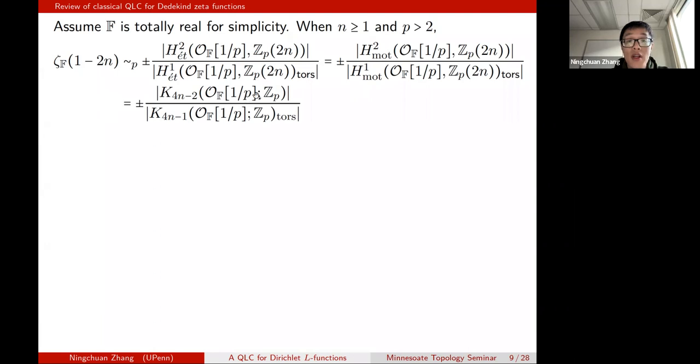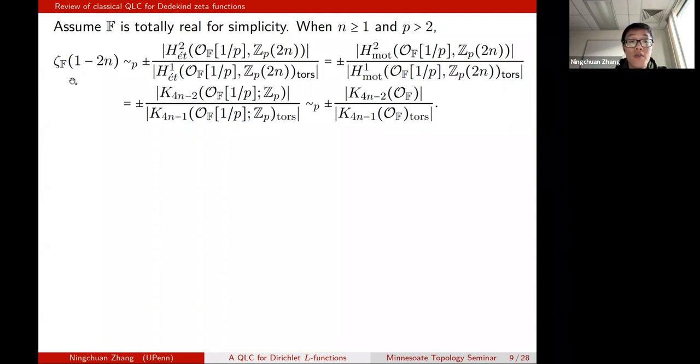And finally, we have to get rid of this 1 over p, which is possible because the difference between those two algebraic K groups is given by the localization sequence in algebraic K theory. And you can check integrally the ratio between their sizes is coprime to p. So inverting p does not change the p-adic valuation of the size of the algebraic K group.